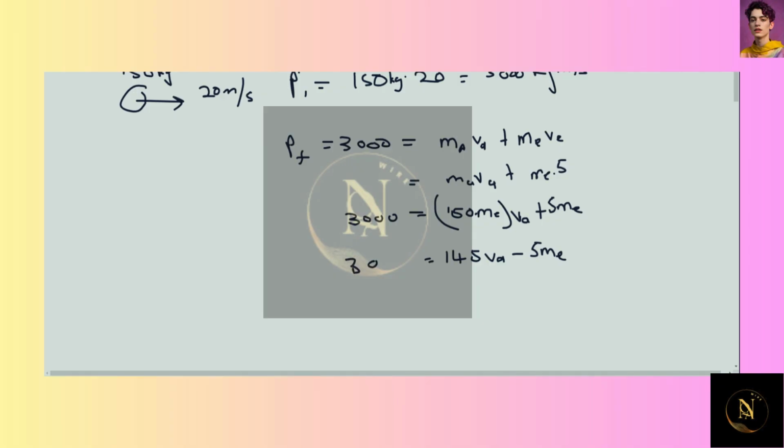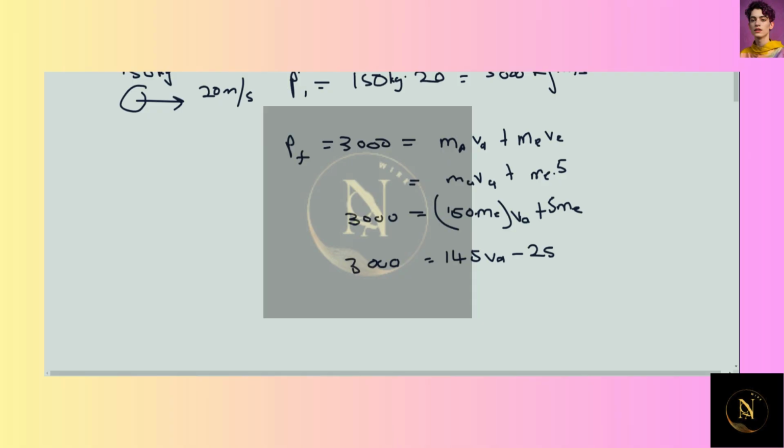This should give you 3,000. And the mass of the equipment is again 5, so this is now 25.